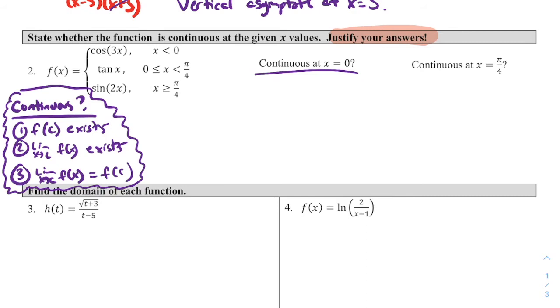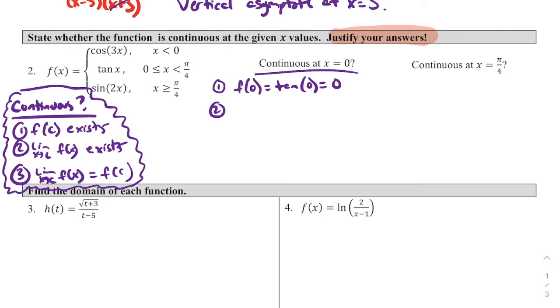So I'm going to first start off with the first rule. So our number 1, does f of 0 exist? Well, f of 0, if we take a look at this, this is the one where x is equal to 0. So I'm going to use tan of x. That's going to be equal to tan of 0, which is 0 for that.